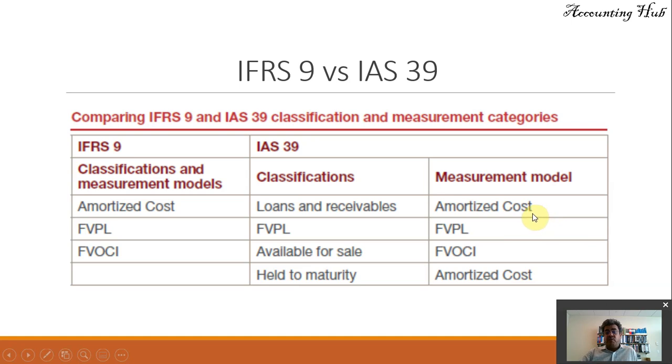And the measurement model: loans and receivables, amortized cost; FVPL, so fair value through profit and loss. Available for sale is now FVOCI, fair value through other comprehensive income. And held to maturity is now amortized cost.